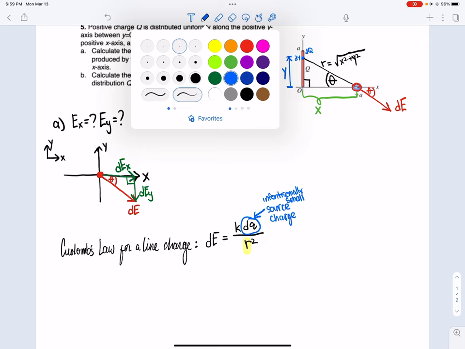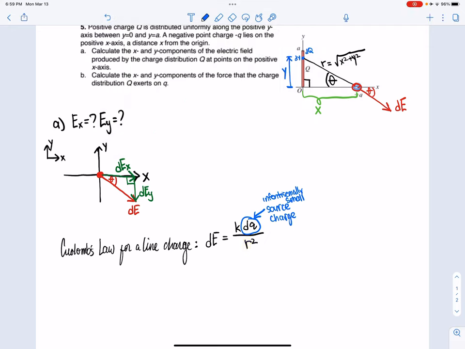So I'll write this down. This r is the distance between two charges, or for the case of an electric field, it's the distance between the point where we want to find the electric field and the source charge.